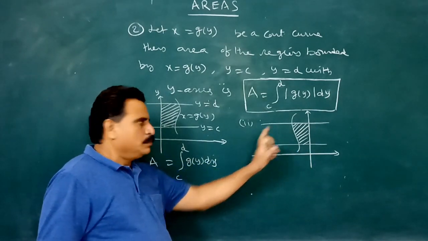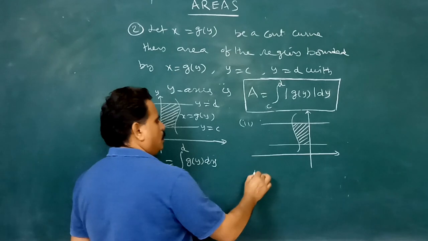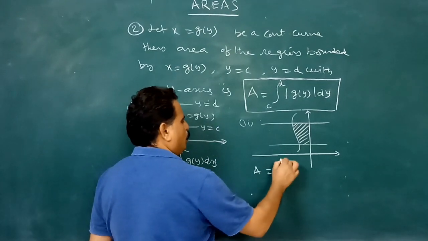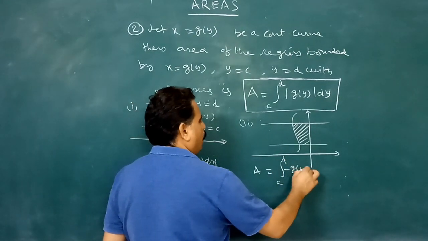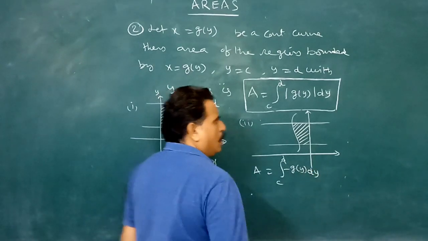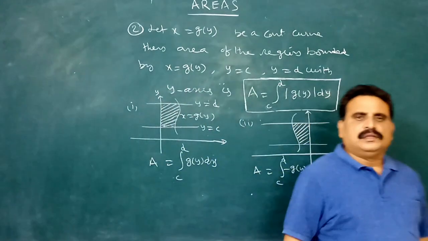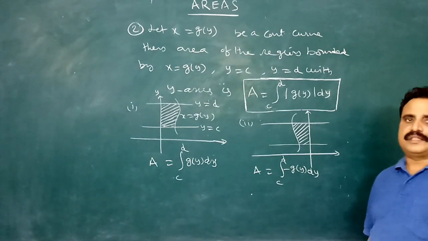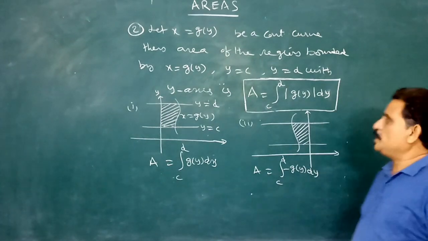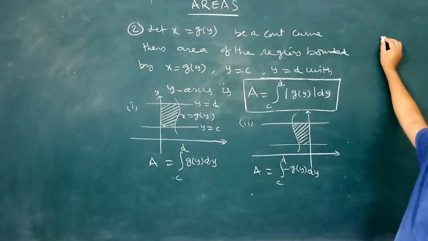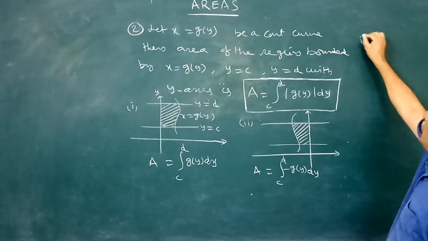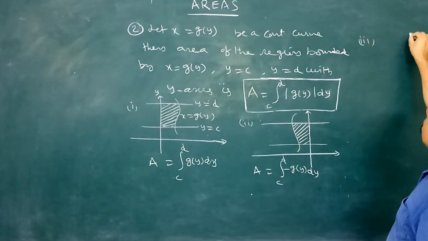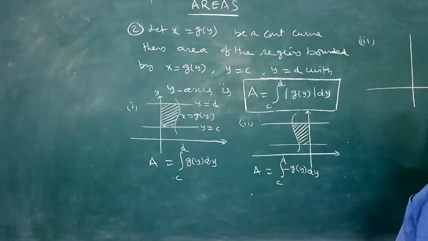In this case, area equals integral c to d minus g of y dy. Then the third case: some part is positive and some part is negative.